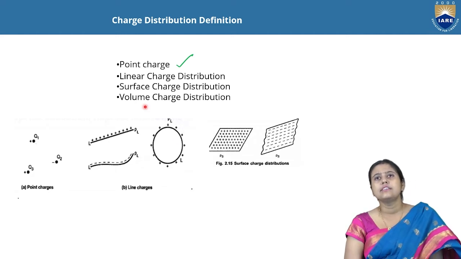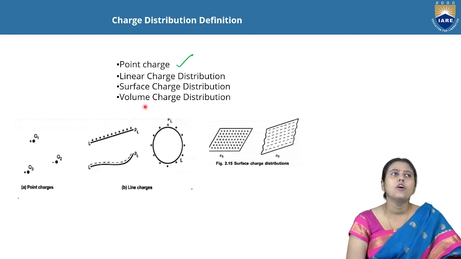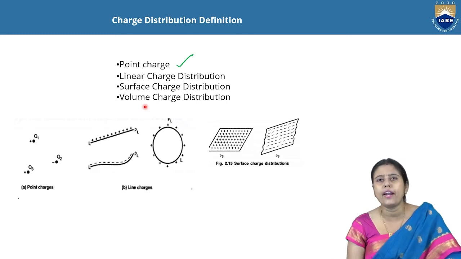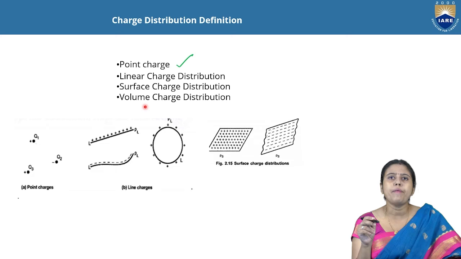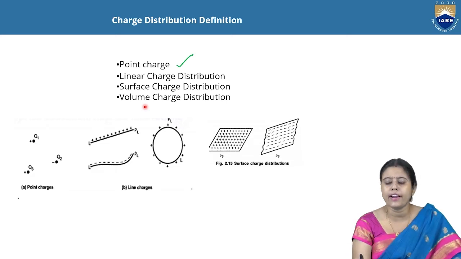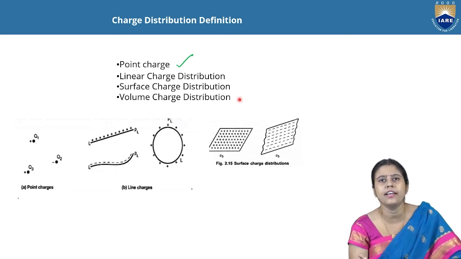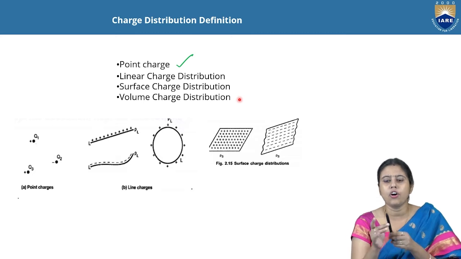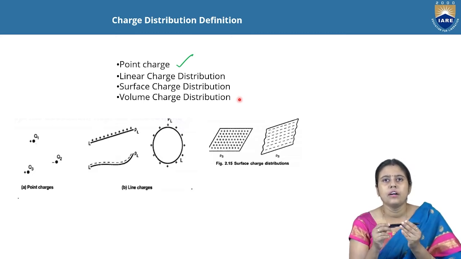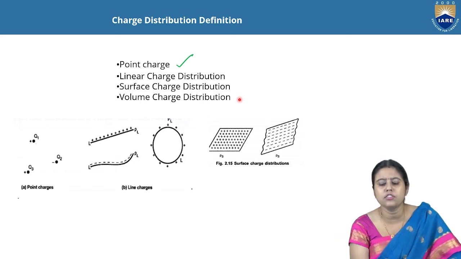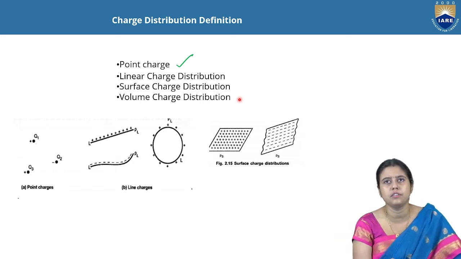The next one is the surface charge distribution. One common example is the parallel plate capacitor. In the parallel plate capacitor, when we connect the plates with the battery, the charge is distributed on the outer surface of the parallel plate. So this is called the surface charge distribution.